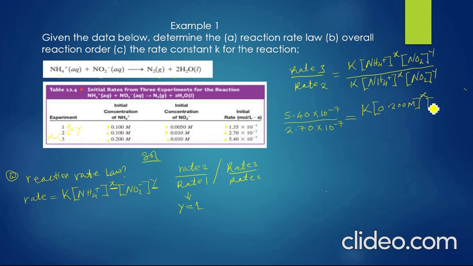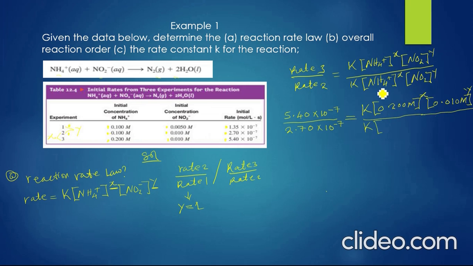one here, so it's 0.010 molar, like that, and then this is our Y, don't forget the power there. And then you write over, like that, so this is our over, and then here write K, like that.